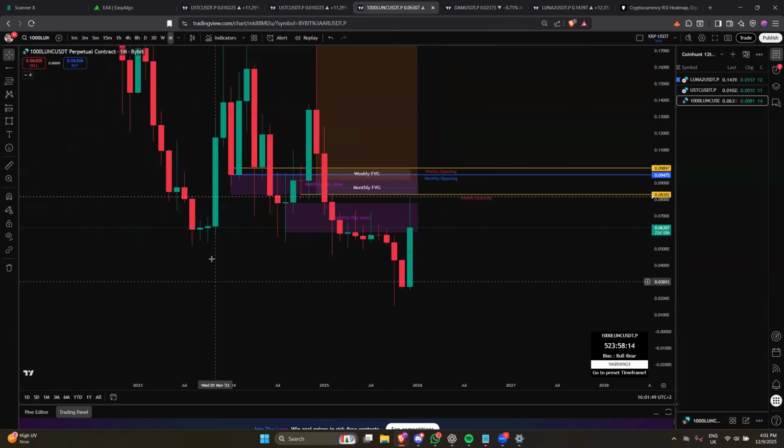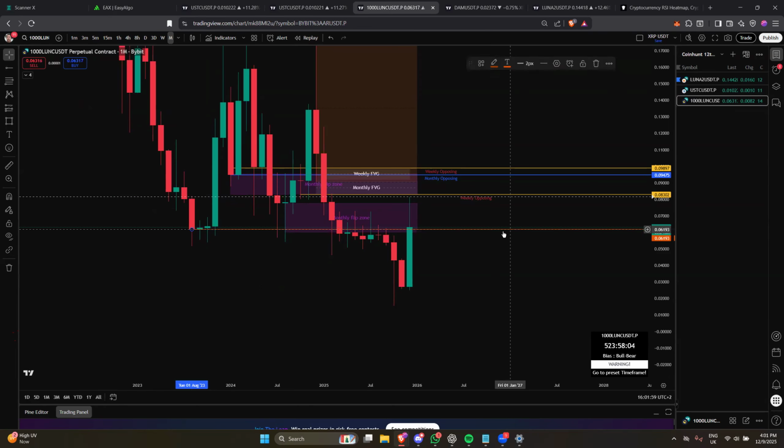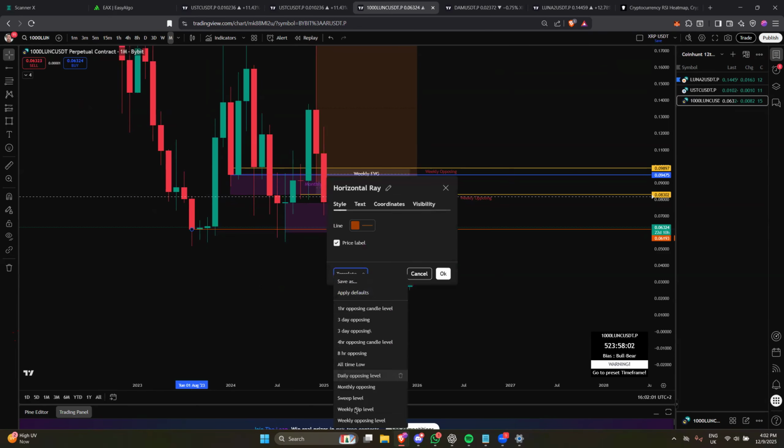Right. Then over here, I'm going to get a monthly opposing level. You can see this is quite a strong level over here. I'm just going to mark it out, more relevant to where the current price is.